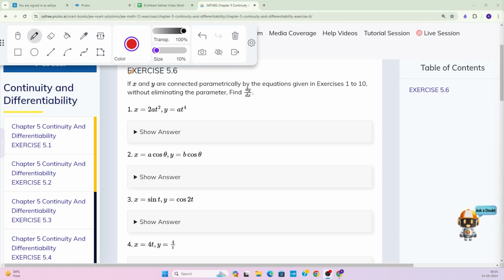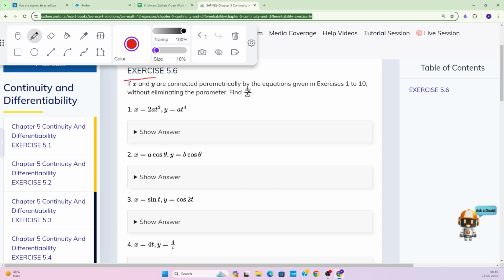Today we will be seeing NCERT exercise 5.6 solutions. So far we have discussed enough theory to discuss exercise 5.6. In this exercise, we have to simply find dy over dx.